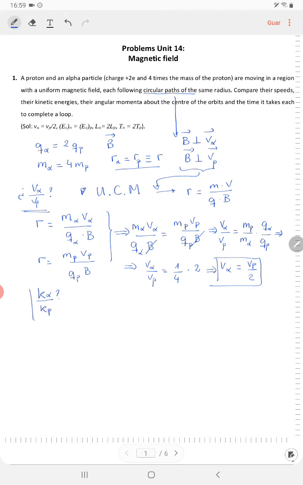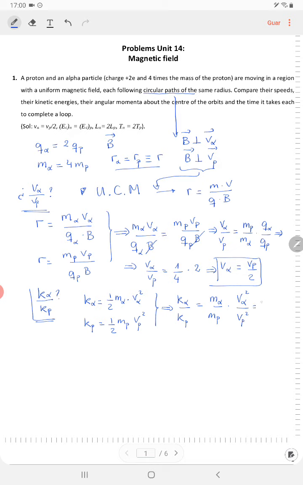The kinetic energy of the alpha particle is 1/2 the mass of the alpha times the square of its speed, and the kinetic energy of the proton is 1/2 the mass of the proton times the velocity of the proton squared. Dividing these two expressions, the ratio is the mass of the alpha divided by the mass of the proton, times the speed of the alpha squared divided by the speed of the proton squared.